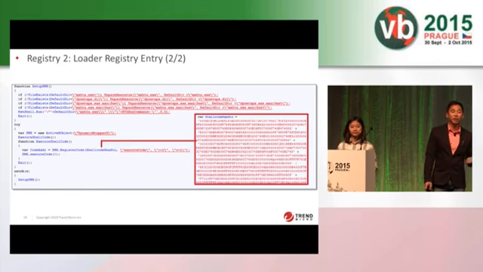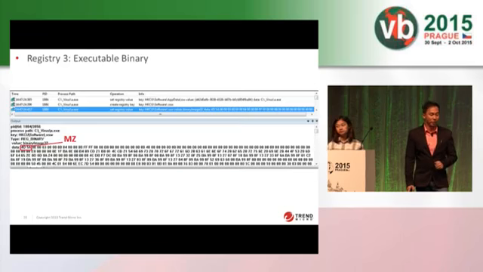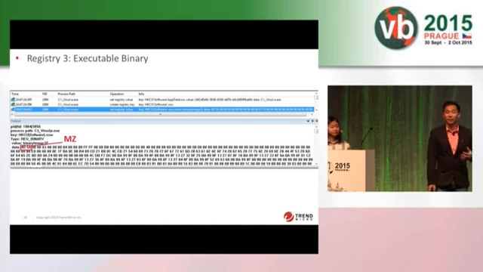It uses DynamicWrapperX. And this shellcode's main purpose is to read and inject the binary into running legitimate processes. In this case, the registry entry contains the executable binary. It was written in hex, so it's more visible compared to the previous malware families that were discussed, which integrated several layers of obfuscation.